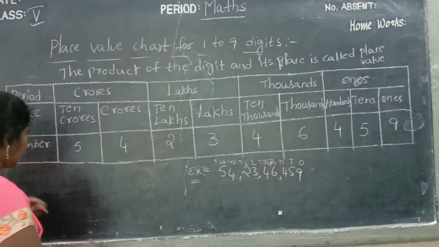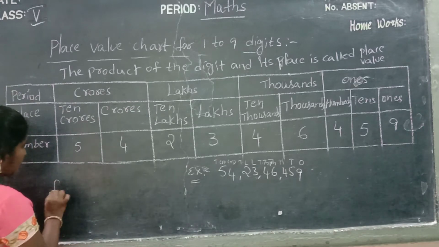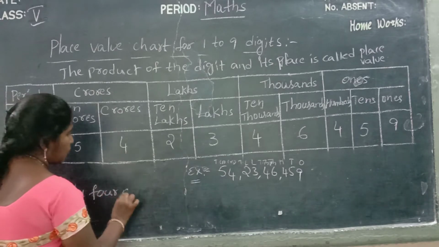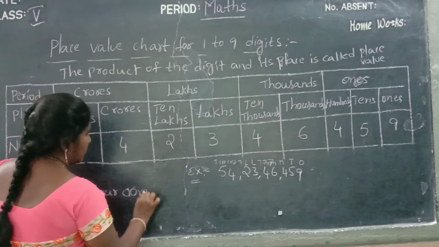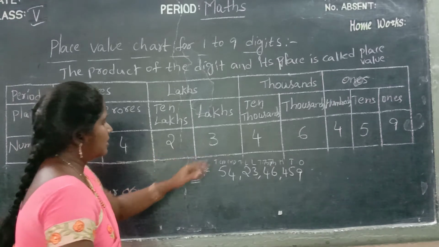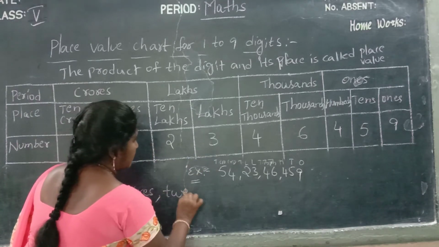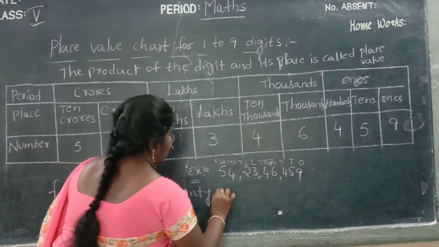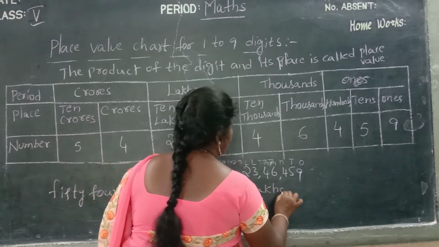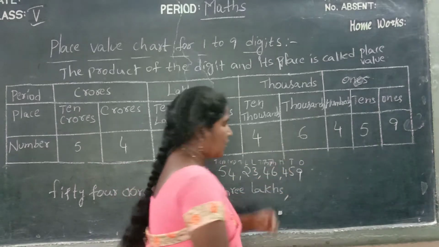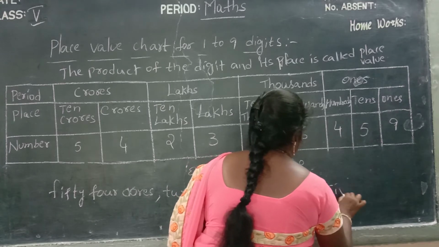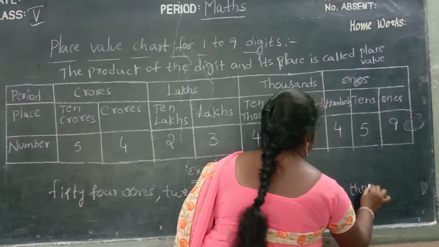How to read this one, see, children? 54 crores. Next goes to the lakhs period. 23 lakhs. And next goes to the thousands period. 46,000.